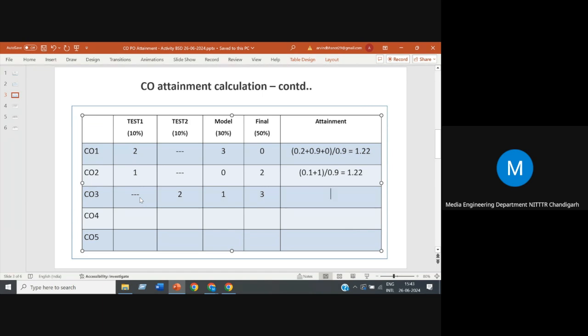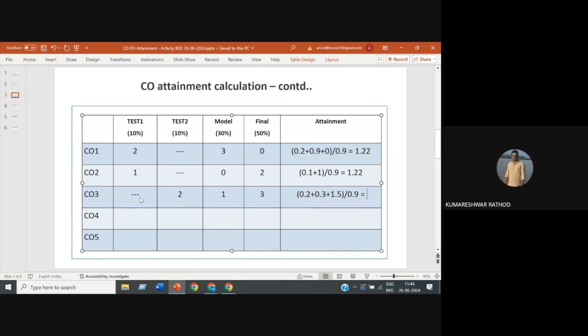Then what will be the value here? 0.2 plus 0.3 plus 1.5, which is 0.3, divided by 0.9, equal to 2.22.